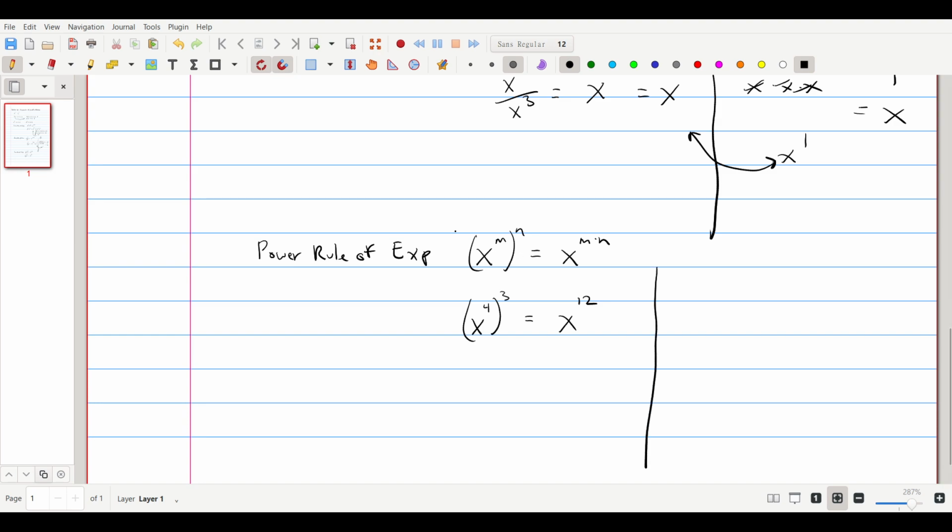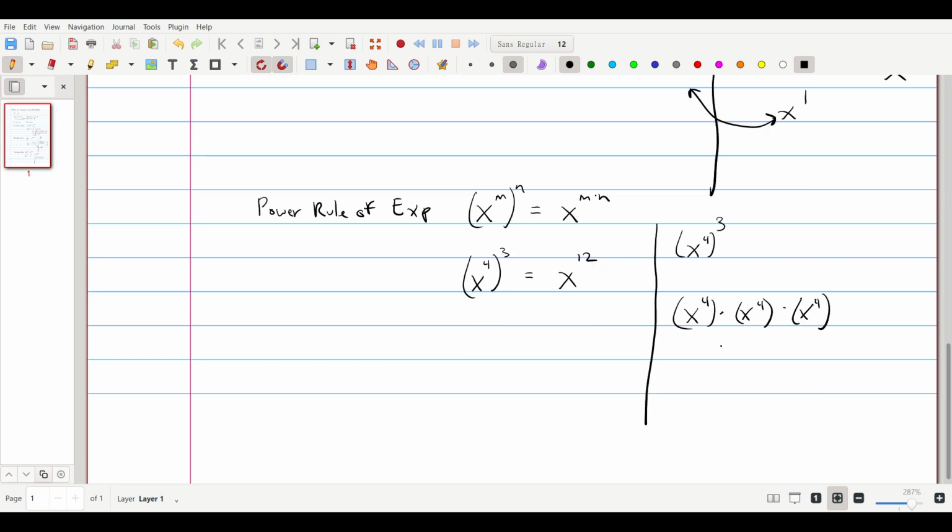Well, okay, we have x to the fourth, and then we're cubing that, right? We're raising this to the exponent. Well, what does that 3 mean? It just means take whatever's on the inside and multiply it by itself 3 times. So really what we have is x to the fourth times x to the fourth times x to the fourth.